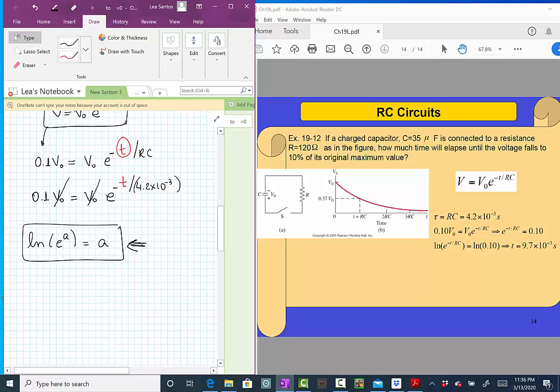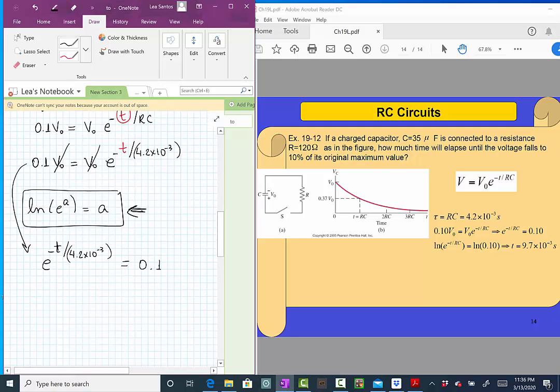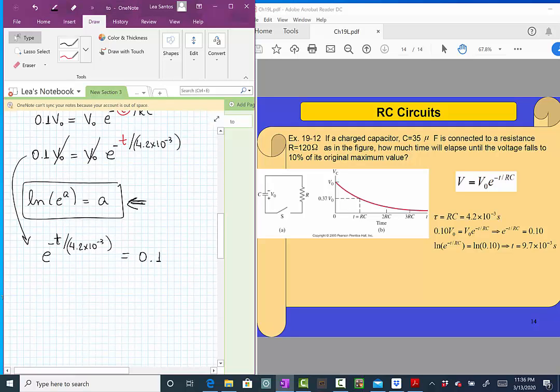So let me rewrite our equation here. I'm going to do the ln. Exponential to minus t divided by that 4.2 times 10 to the minus 3 equals 0.1. I'm going to do the ln on the left and I'm going to do the ln on the right.